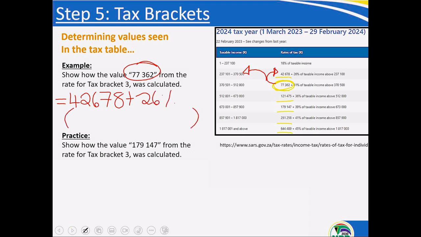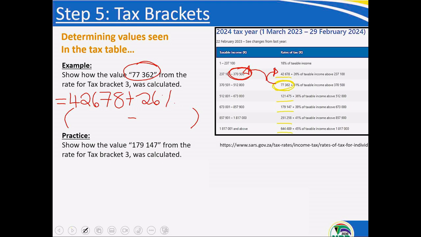open brackets. So, in the previous video I showed you how we would substitute in the annual taxable income into these brackets. But in this case there is no annual taxable income. So what do we put into the brackets? Well, we use the corresponding tax bracket, which would be this value.